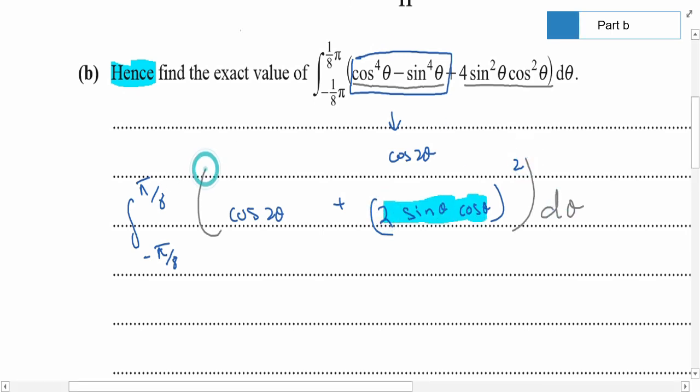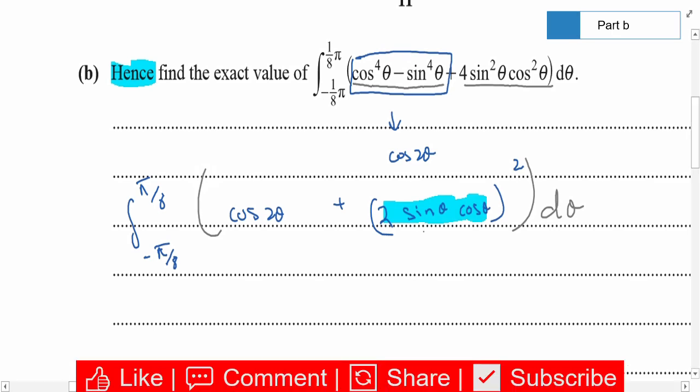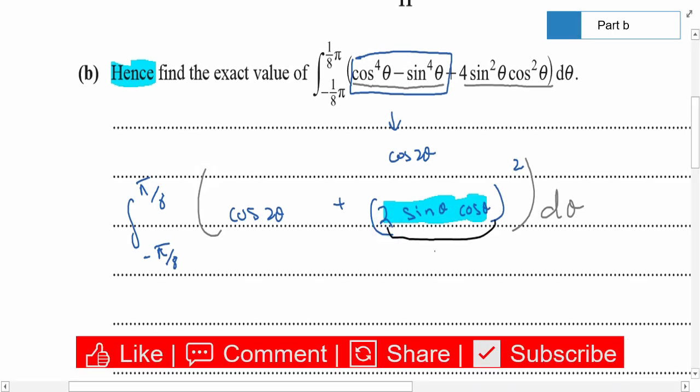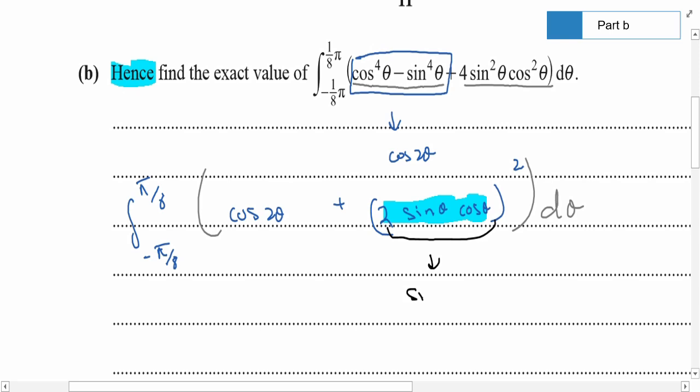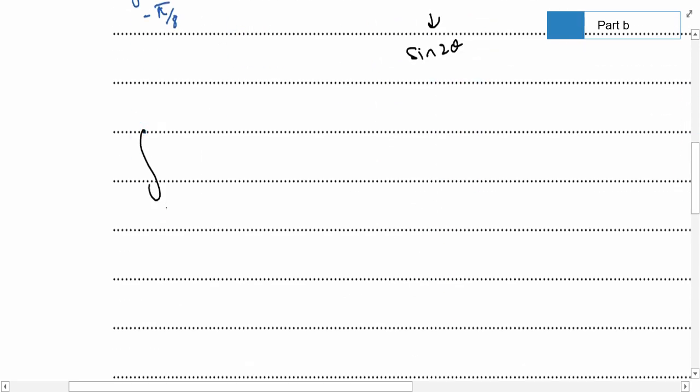So instead of 2 sine theta cos theta, I can write sine 2 theta. So our integral would become, with limits from negative pi by 8 to plus pi by 8, cos 2 theta plus sine squared 2 theta d theta.